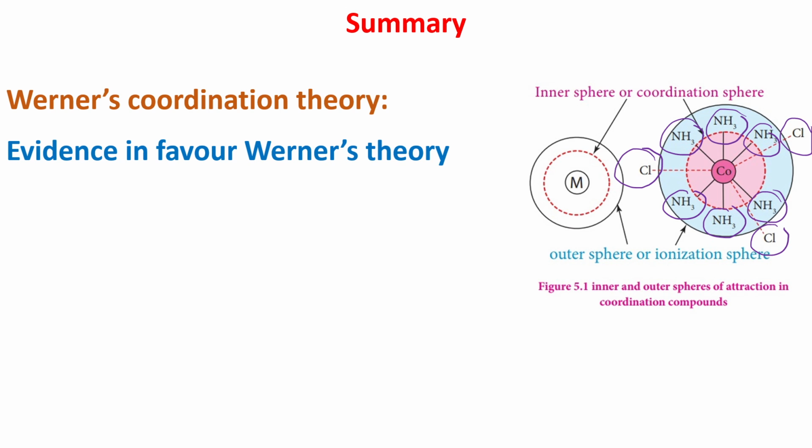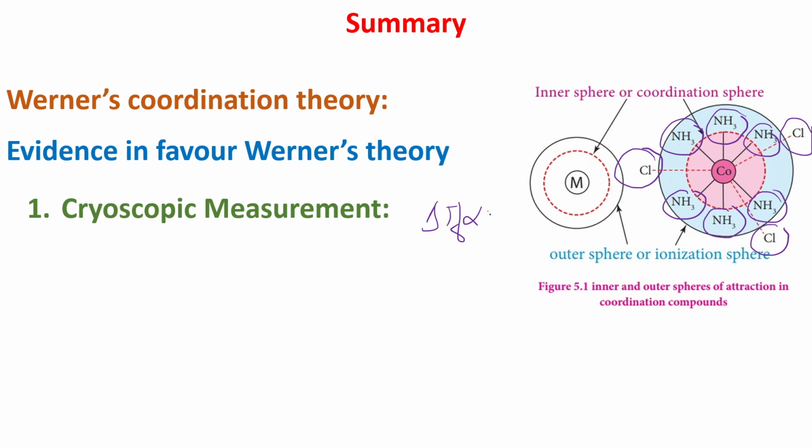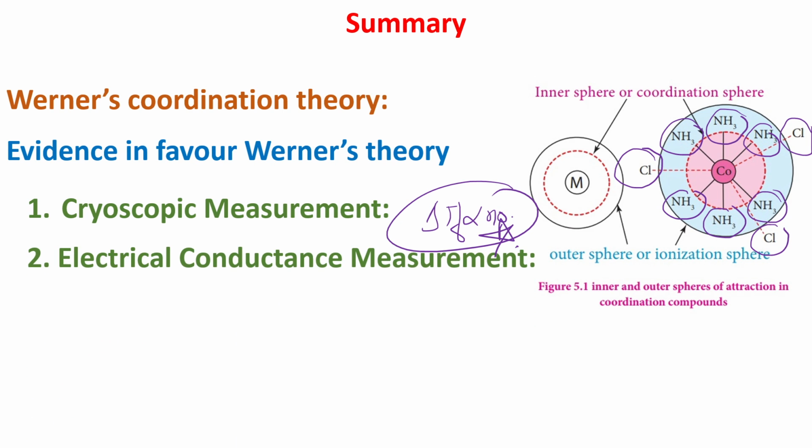The evidence that he provided to favor his theory were cryoscopic measurements. Cryoscopic measurement being a colligative property, delta TF depends upon the number of moles. So depending upon the number of moles, he found different values of delta TF for different complexes. Also, he performed electrical conductance measurements.